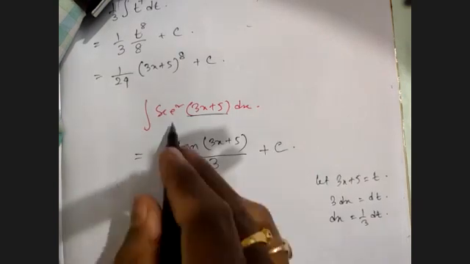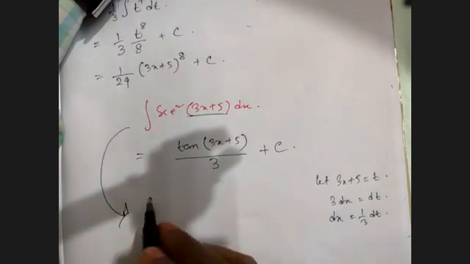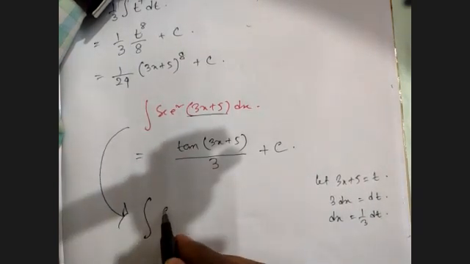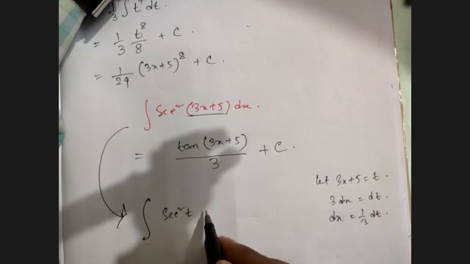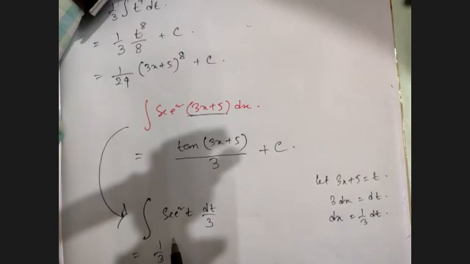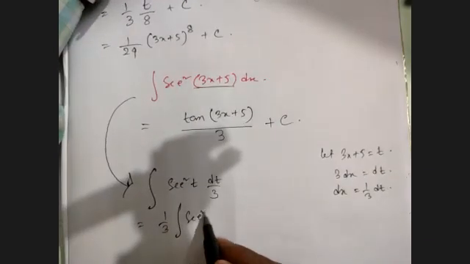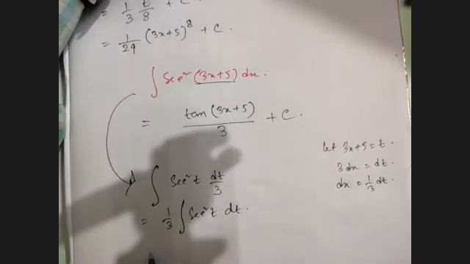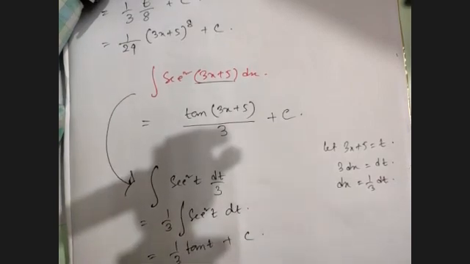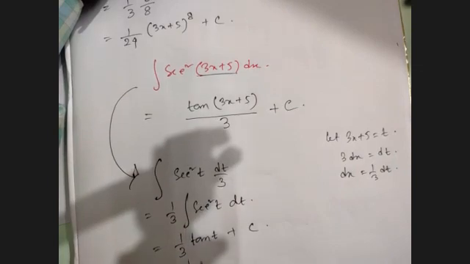Now if you replace this, it will be sec squared t dt by 3, that is 1/3 sec squared t dt, which equals 1/3 tan t plus c. Now put the value of t: 1/3 tan 3x plus 5 plus c.